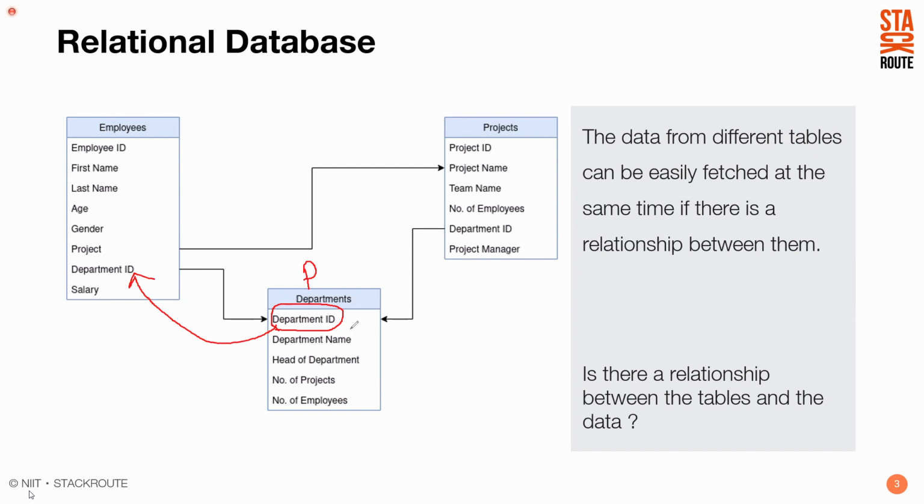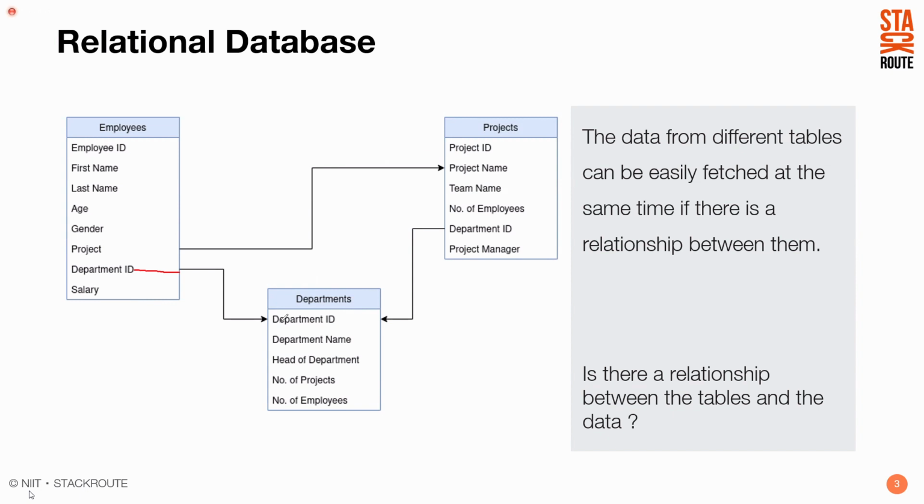And here it will be project ID. Project ID is a primary key of the project table, which is a foreign key in the employee table. See here, department ID is a foreign key in employee and primary key in department.